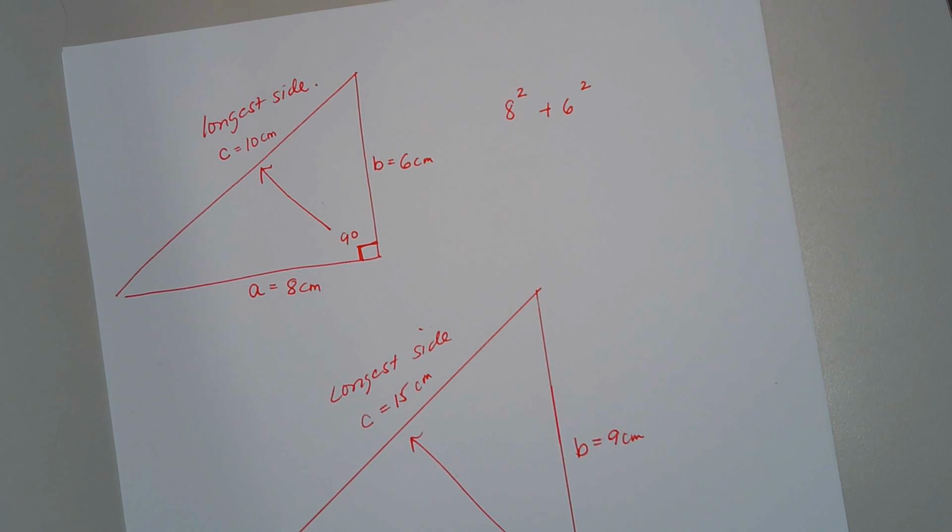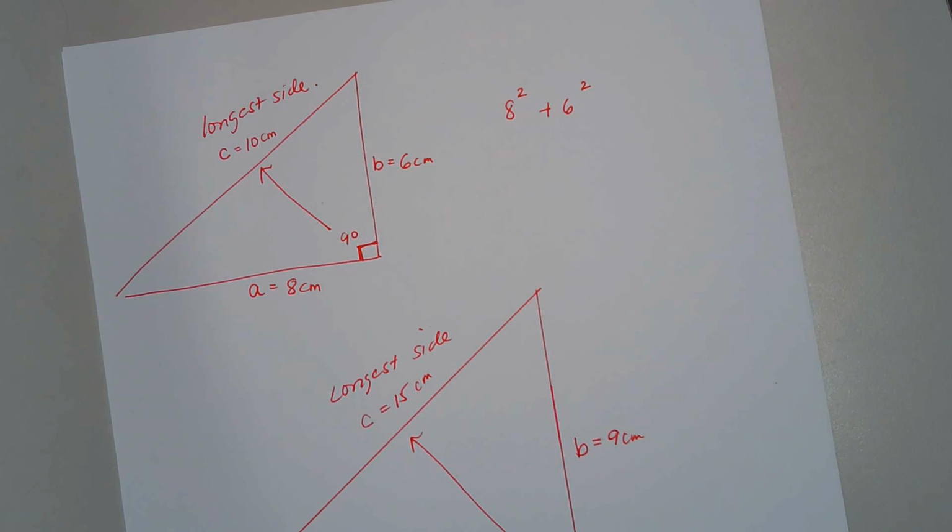So what happens here is that if I add these two, the squares of these two sides equal the square of this one side. 8 squared plus 6 squared is going to equal 10 squared.